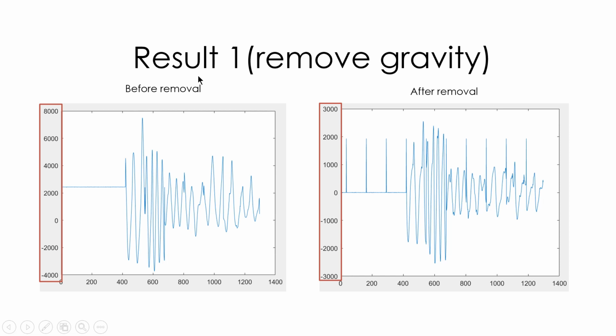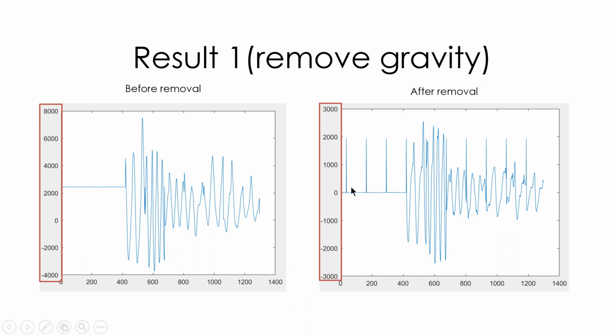The first result is we have removed the gravity of the cell phone to obtain the signal we want. This is the z-axis of the raw signal. We can see the magnitude of the signal is large, and that's because of the original acceleration of 9.8 meters per second squared.